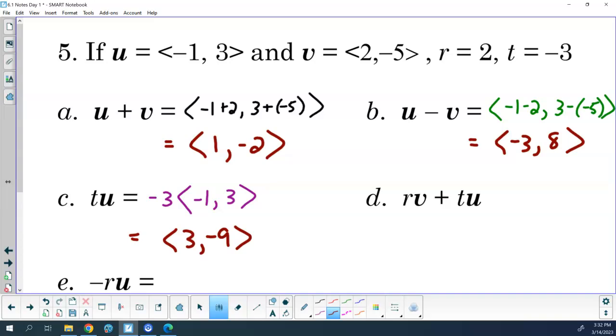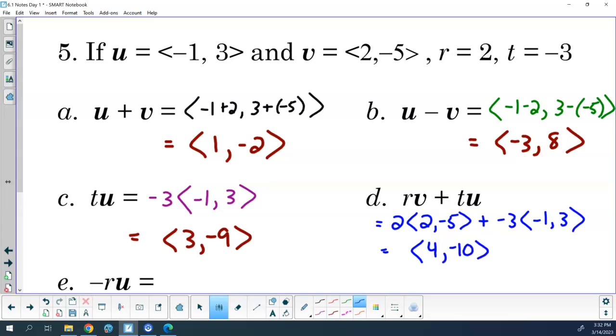RV plus TU, that's going to be, well, RV would be 2 times vector 2, -5, plus T would be -3 times the vector -1, 3. So that would then be 4, -10, and 3, -9.